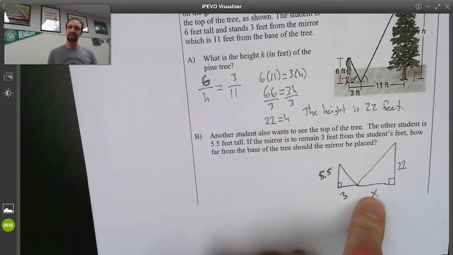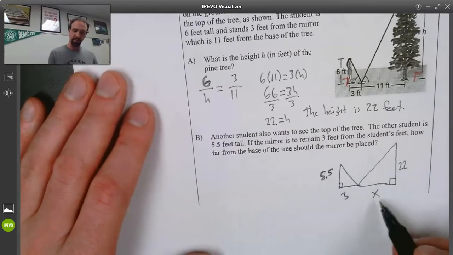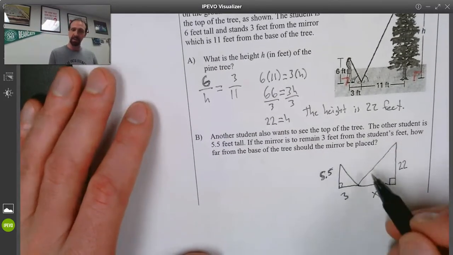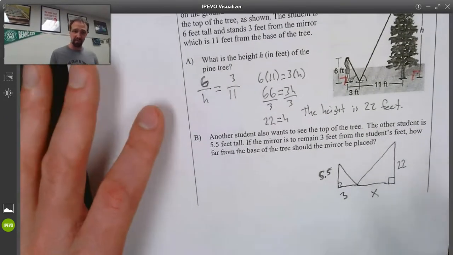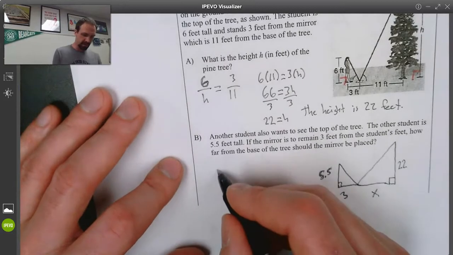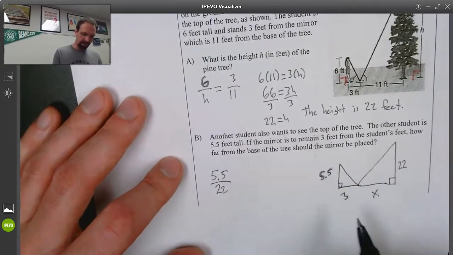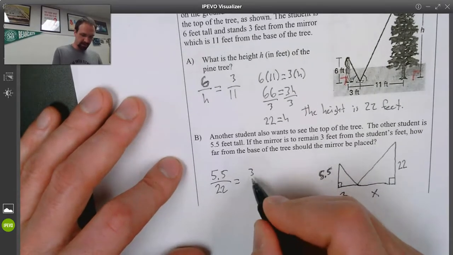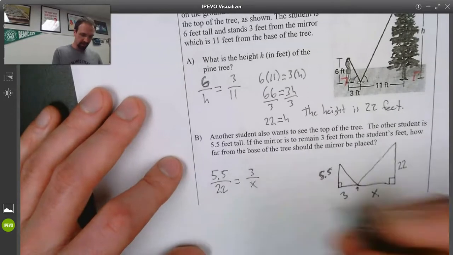So we're going to set it up exactly the same way that we did in the other one. We're going to have a different value here, though. It's not going to be 11, because for the proportion to be true, we have to change it a bit. So for this, I'm going to do 5.5 over 22, so the heights, and then equaling the distance away from the mirror. Remember, the mirror is there. So 3 over x.